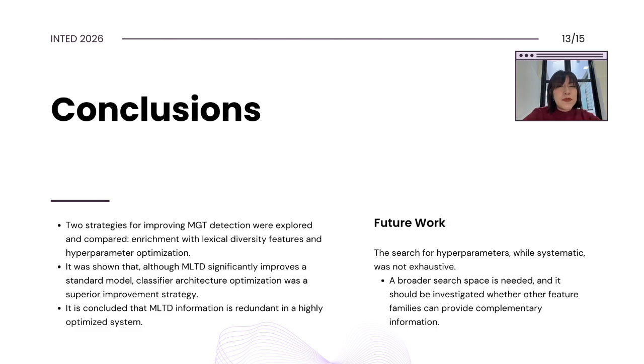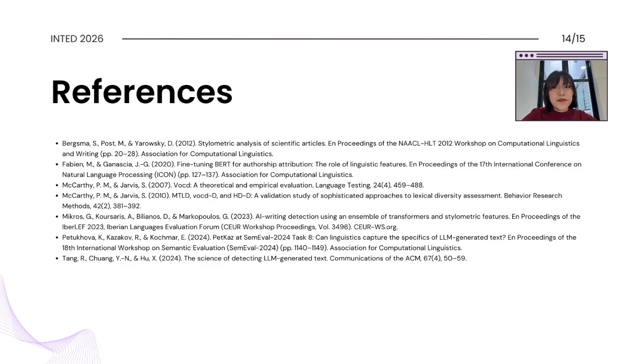Therefore, adding explicit metrics like MTLD to an optimized system becomes redundant and can even interfere with the model classification. For our future work, we aim to expand the hyperparameter search space and investigate other feature families such as repetitiveness, lack of purpose, or even readability, to identify if they can offer complementary information where lexical diversity could not.